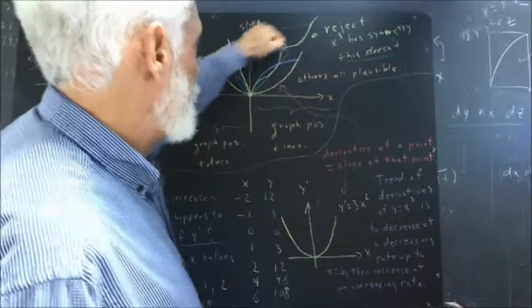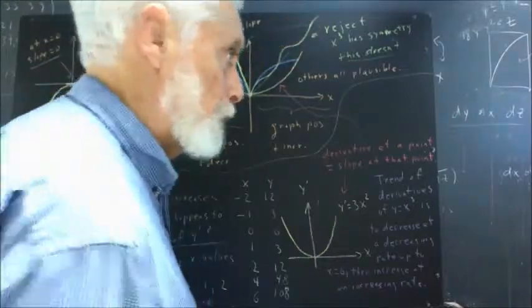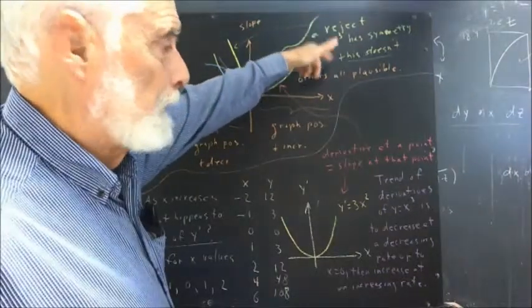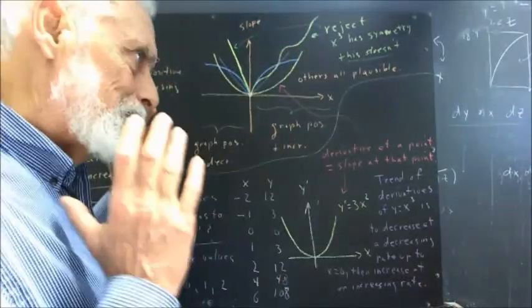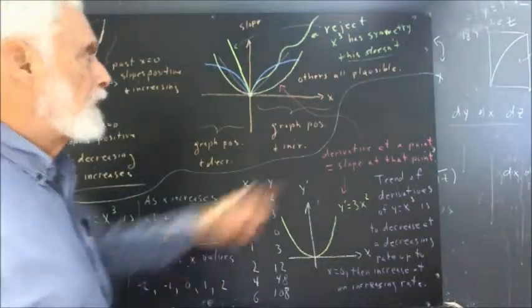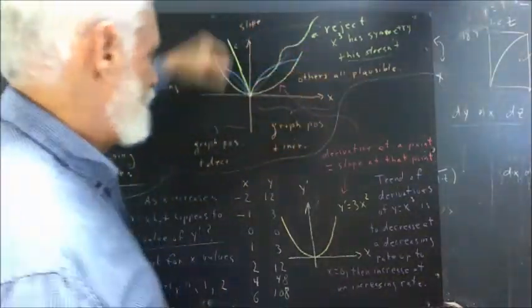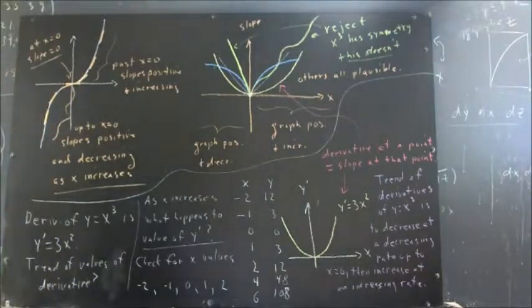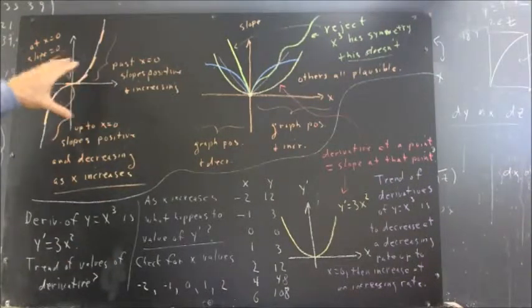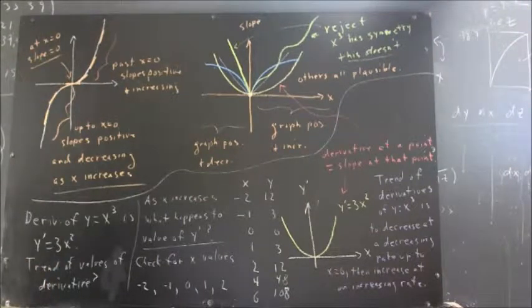And this graph is not at all symmetric in any way. So we can reject that because x cubed has symmetry. Its slopes will turn out to have some symmetry, and this graph doesn't. So it just has to be rejected. It just doesn't have a symmetry that has any relationship at all with the x cubed symmetry.